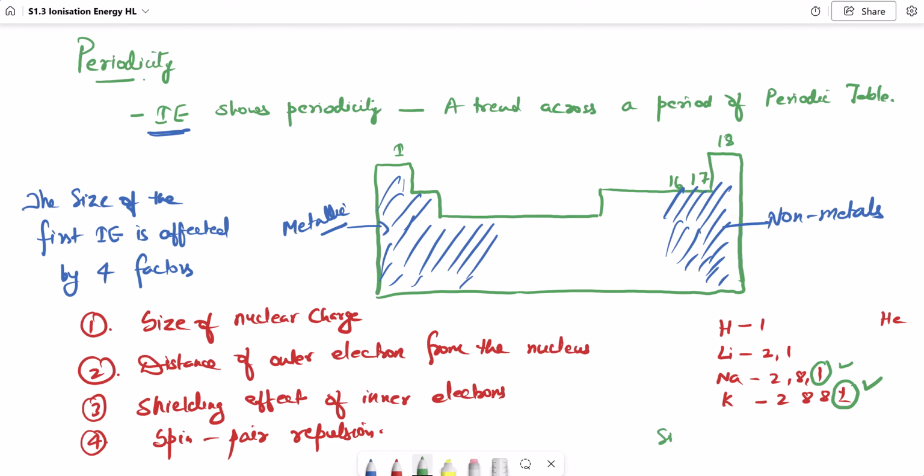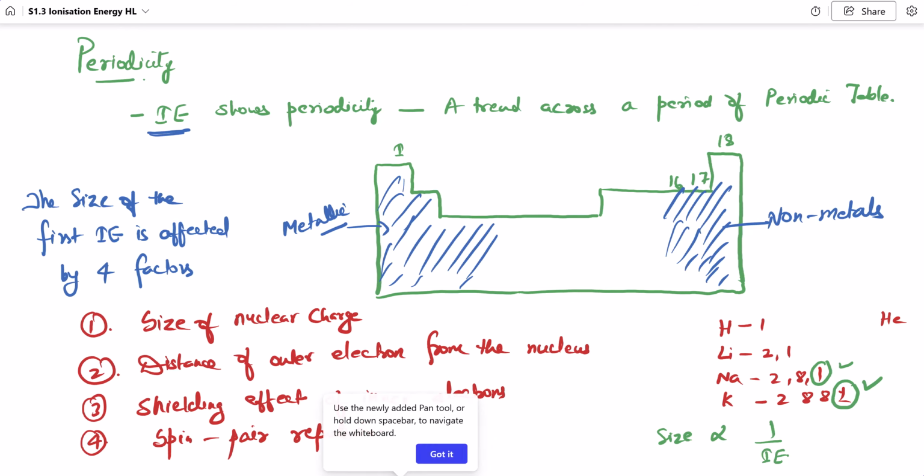More size, less ionization energy you have to give to extract the electron.